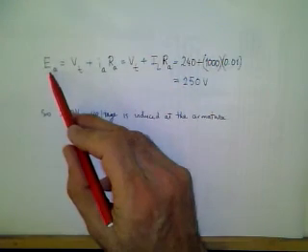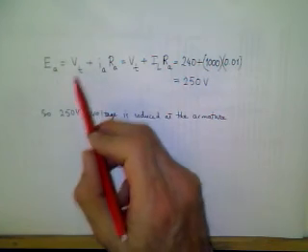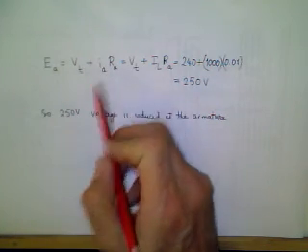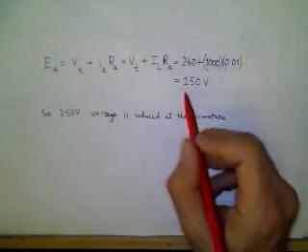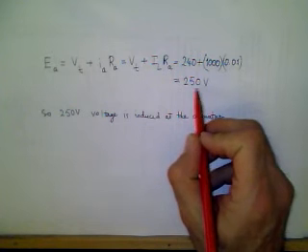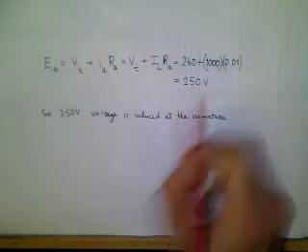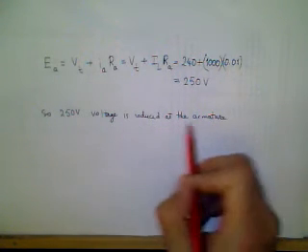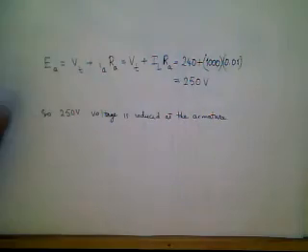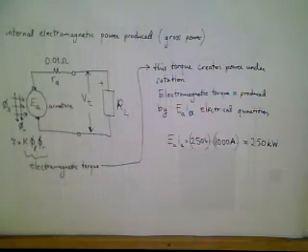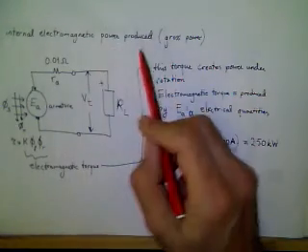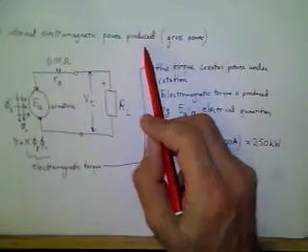So induced armature voltage equals terminal voltage plus that voltage drop. If we calculate, we end up with an induced armature voltage of 250 volts. So this voltage is induced at the armature. Part A is complete.